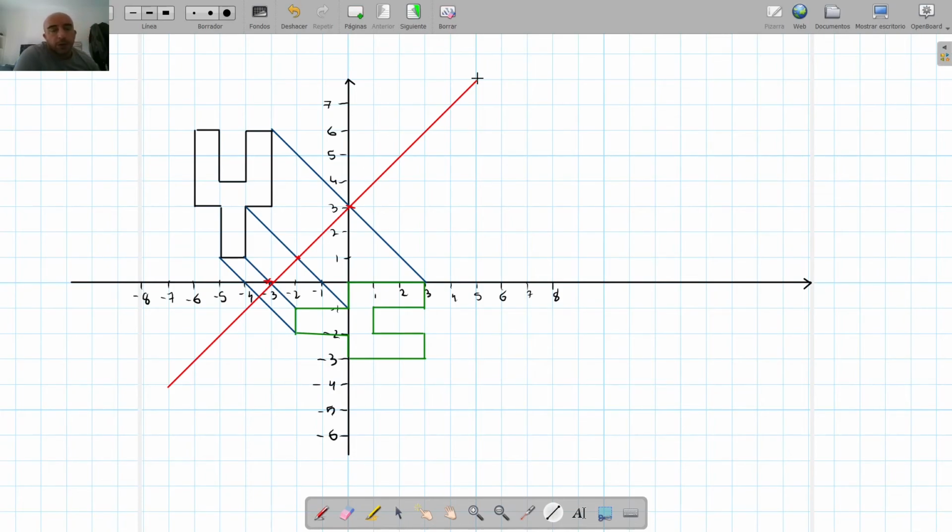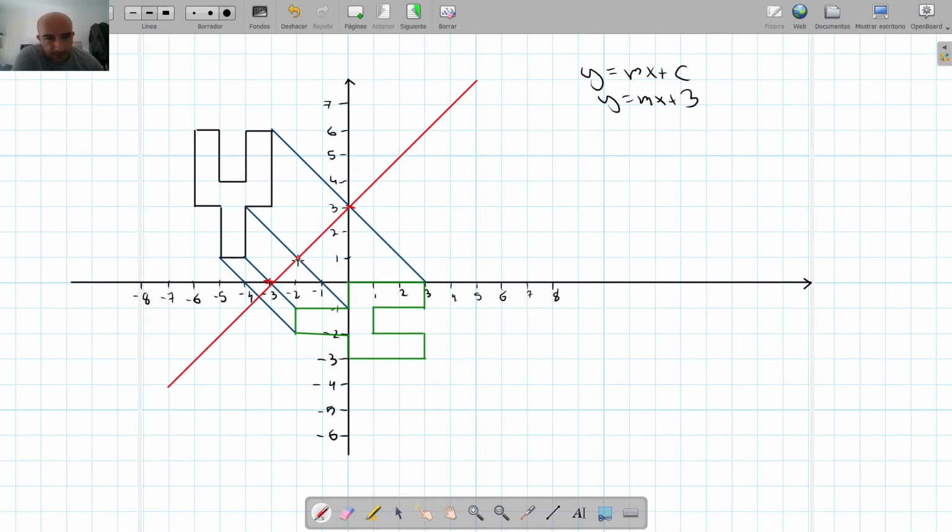So what is the equation of this mirror line? We have to remember that all straight lines have the equation y equals mx plus c. C is the y-intercept, and we can see very easily that c is 3. So we have y equals mx plus 3. We only need to find the slope, and we can use any point for that. For example, here we found the point -2, 1.